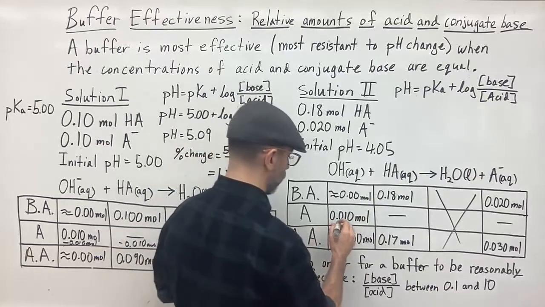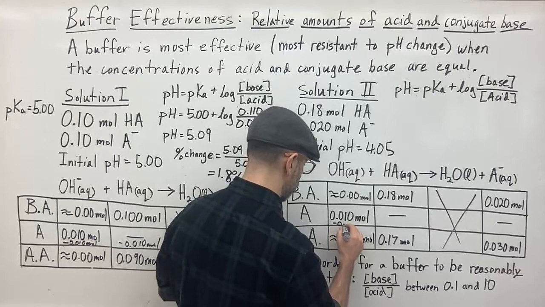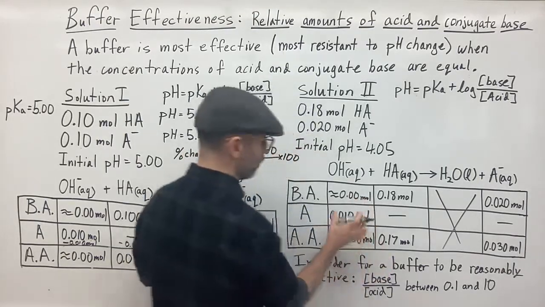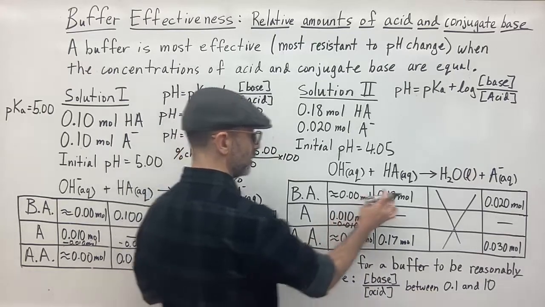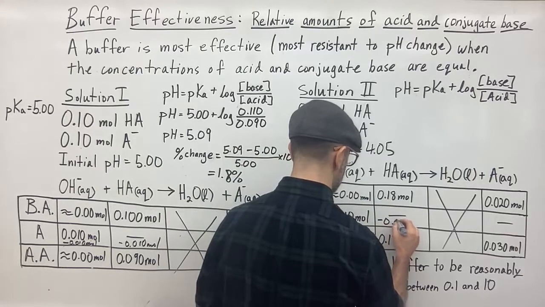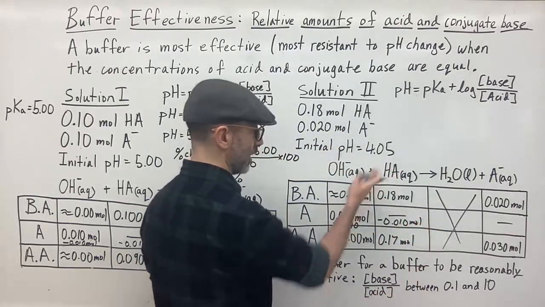So that's going to be subtracted: minus 0.010 moles. If we subtract that here, that's going to react completely with this, so we're subtracting 0.010 moles of HA that's reacted.